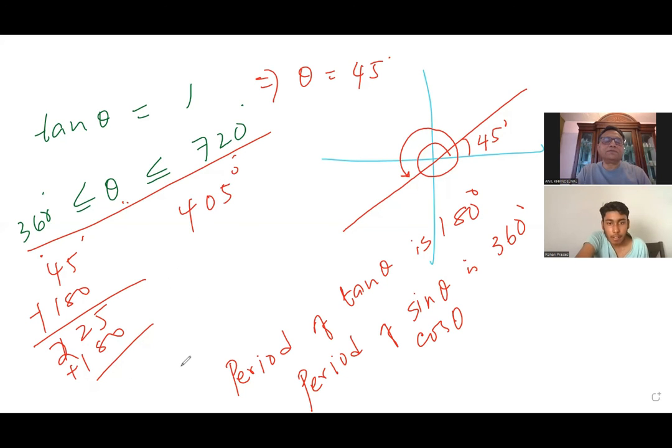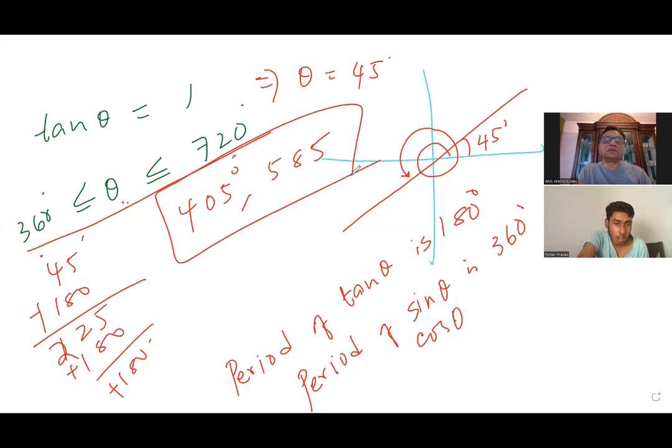Again add 180, and that would be 585 degrees. Now these are the two answers which are between 360 and 720. Do you see that? Okay, sir. So 405 degrees represents the first quadrant and 585 degrees represents the third quadrant. Correct.